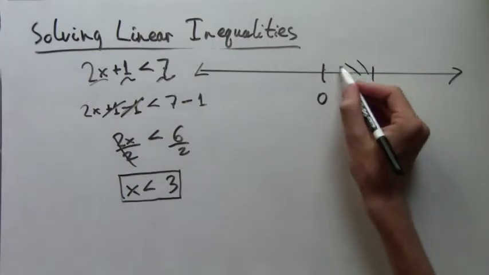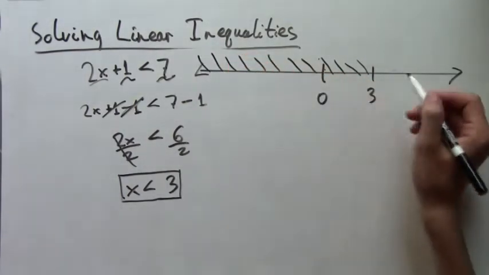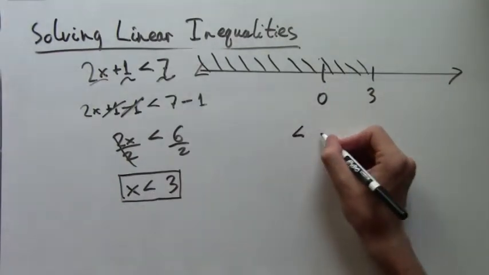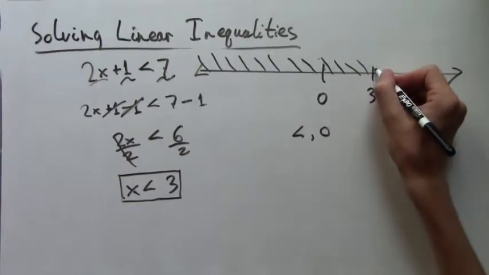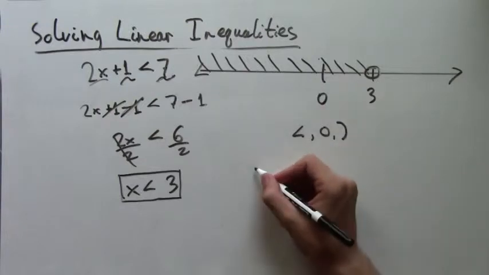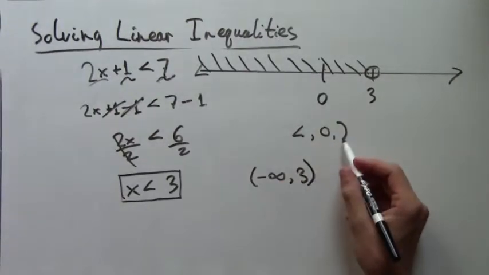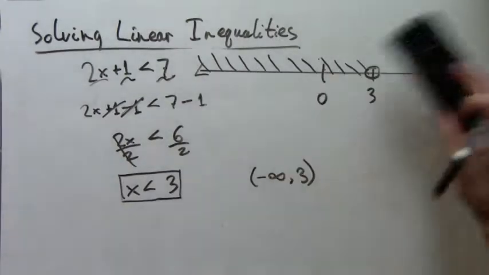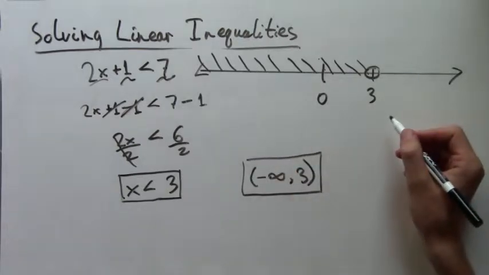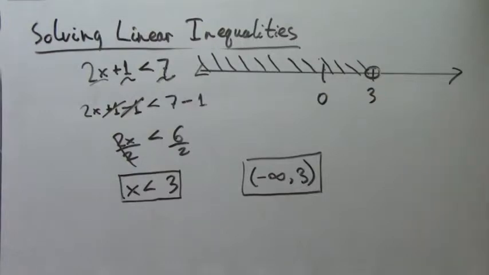So we have x less than 3, so to the left everything works. And the 3 is not included because it's a strict less than sign. So we just have an open circle. That also means when you write down the interval, we're just going to have a regular parenthesis by the 3, because the 3 is not included. So the answer could be written as x less than 3, or open parenthesis, negative infinity, comma, 3, close parenthesis.